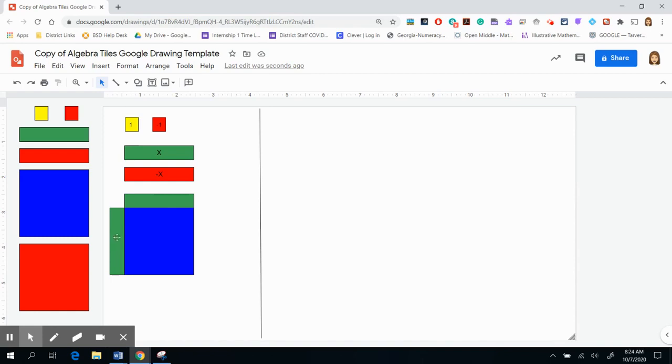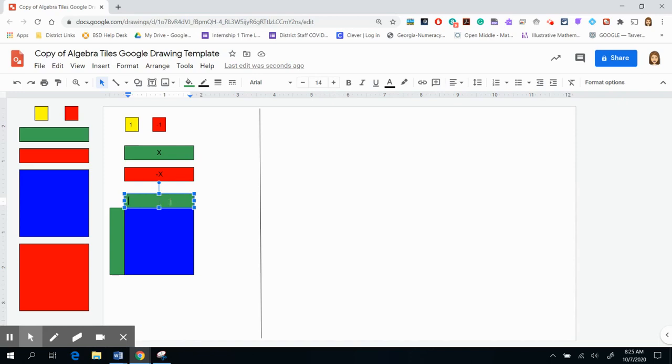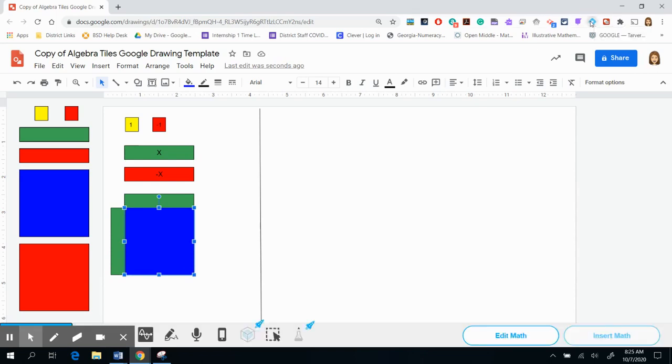So let's say we had set up an area model multiplication problem and this value was 10 and this value was 10. Well, we would call this 100 because 10 times 10 is 100. But in this case, we know that this green is x and this green is x. So x times x is what? What's another way to say x times x? Well, if you said x squared, x to the second power, you are exactly right.